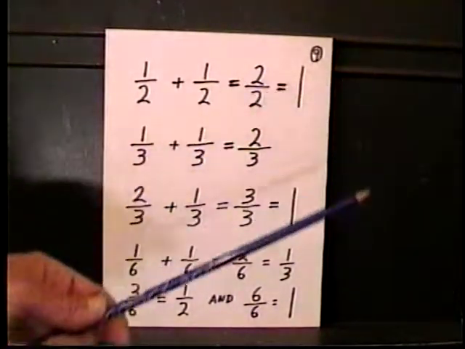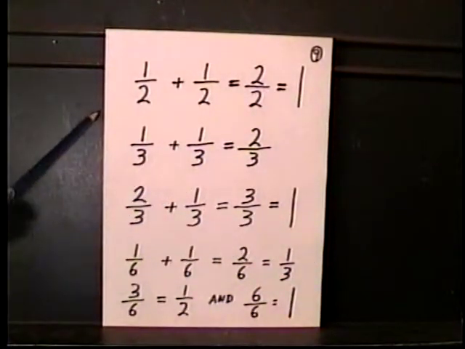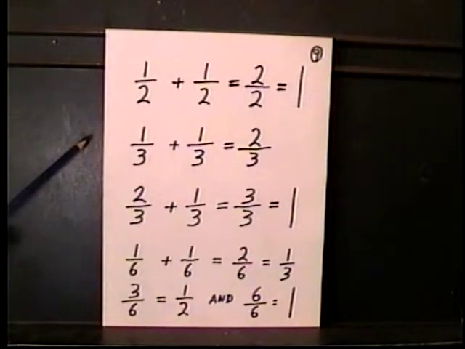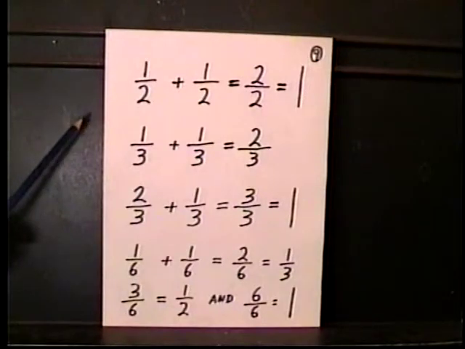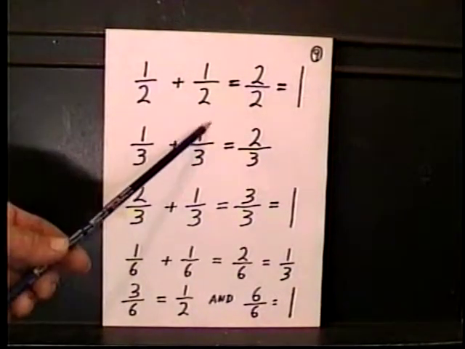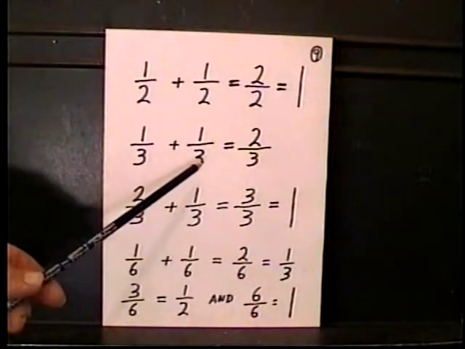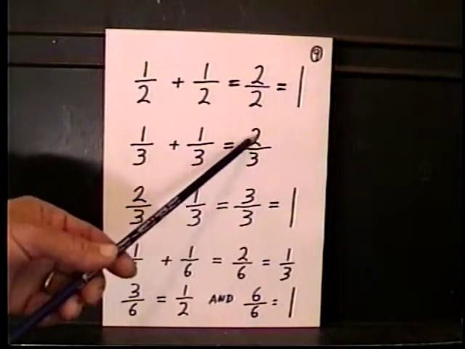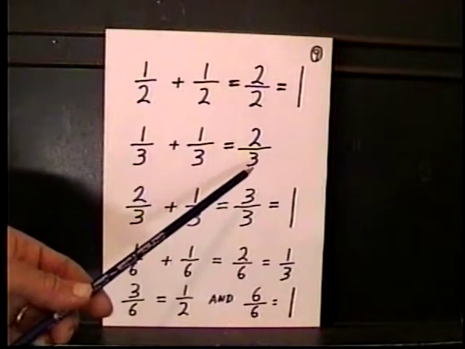and you figure it by saying 2 will go into 2 one time. If we have one of our thirds, we had one sheet of paper we divided into 3 equal pieces, or in thirds. One of those thirds plus another one of those thirds equals 2 thirds.